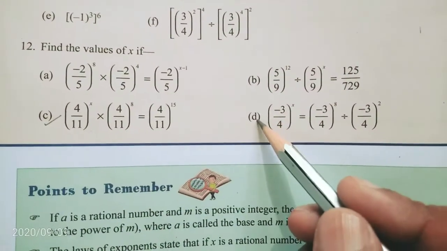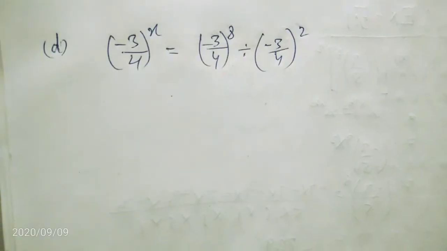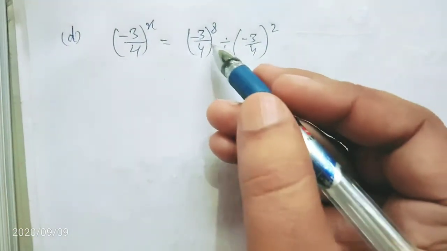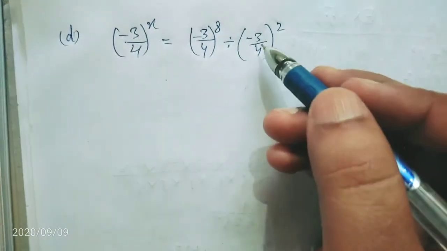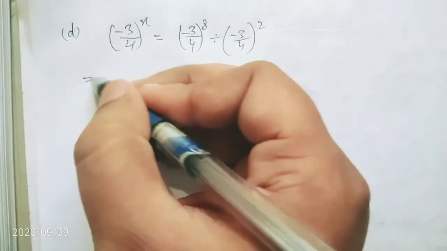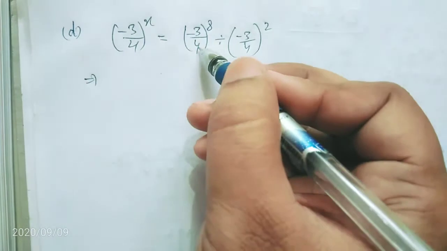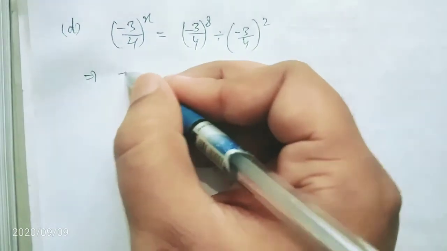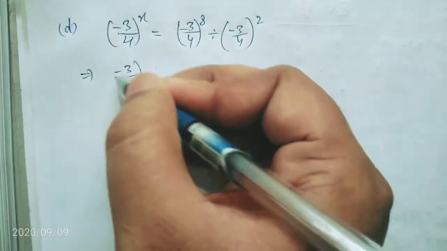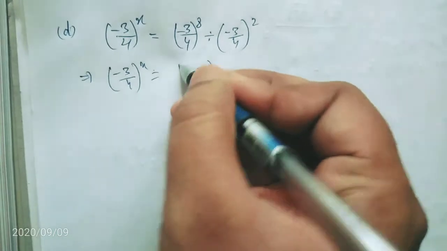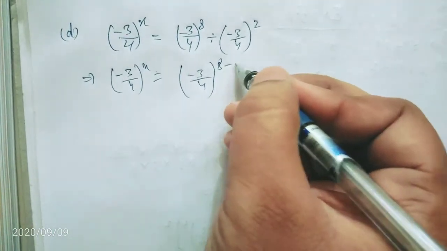Let's see D number. Here you can see minus 3 by 4 to the power x, and it is minus 3 by 4 here also. That means the bases are same here. Now what to do? When the bases are same and they are in divide form, then the powers will be subtracted. So here the base will remain as it is. Write down minus 3 by 4 to the power 8 minus 2.